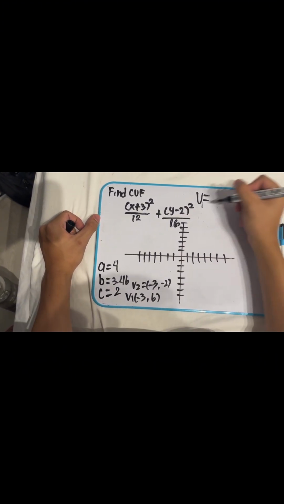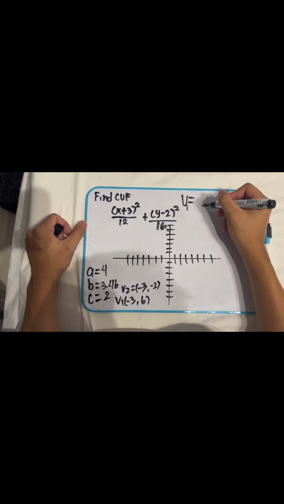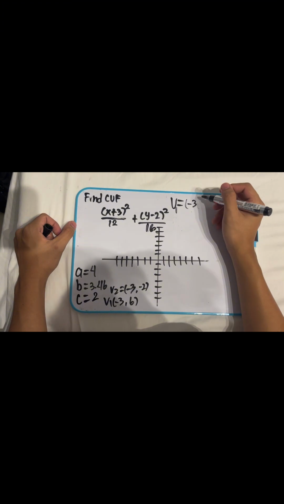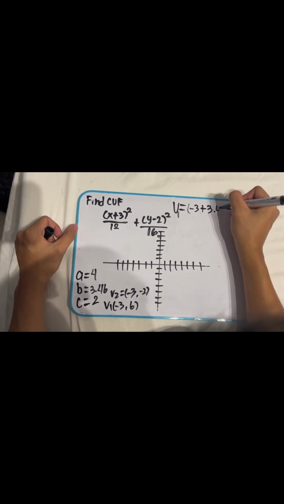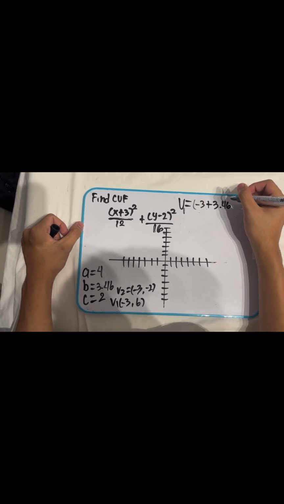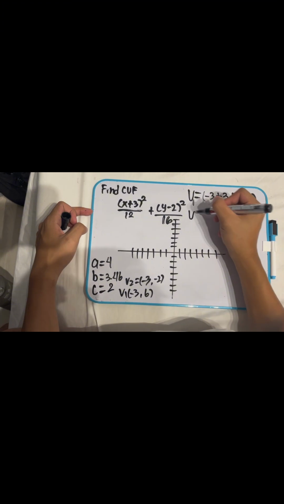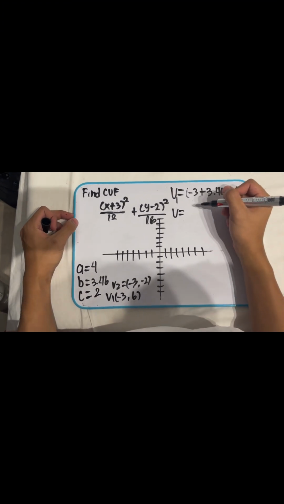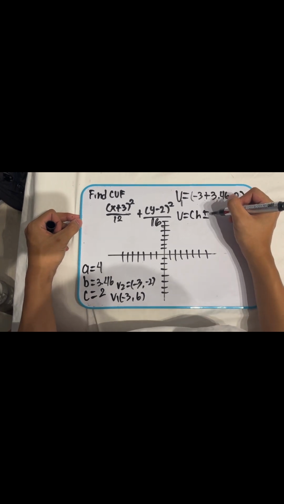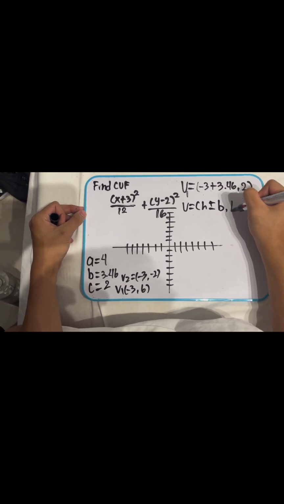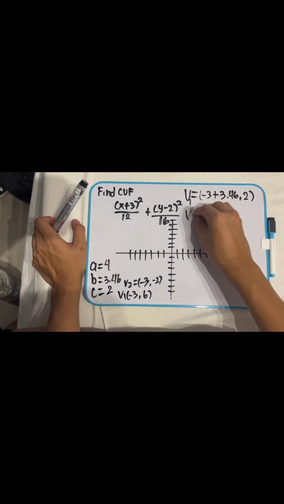Our co-vertex C1 is going to be negative 3 plus 3.46 and 2. Sorry, I haven't given the standard form yet. The standard form is (h plus minus b, k). So that's our standard form.